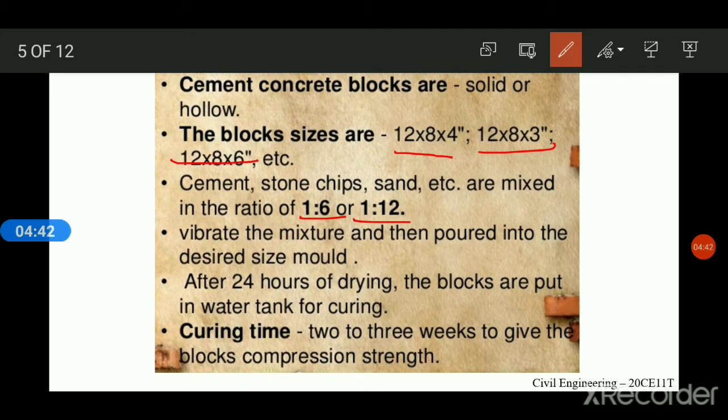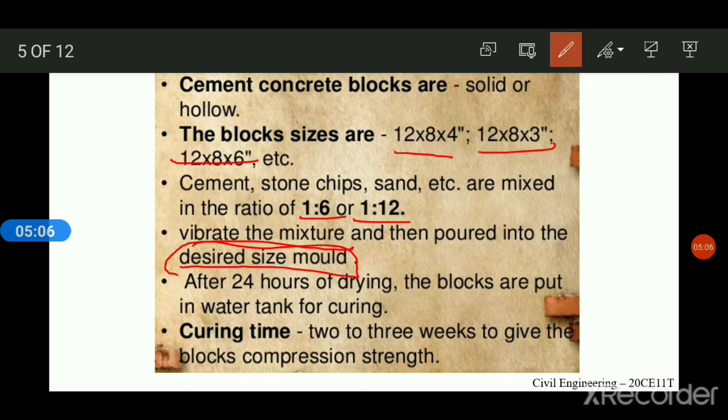At the time of mixing, a vibrating mixer can be used, and the mixture is then poured into a mold of the desired shape and size.